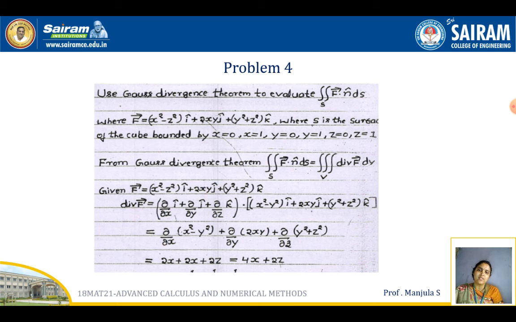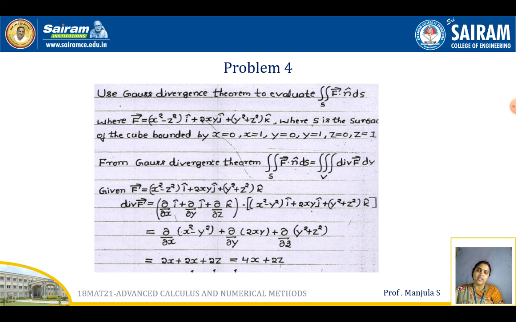So here the limits of x, y, z are given, and by using the Gauss divergence theorem we have to evaluate that. First we'll write the statement of the Gauss divergence theorem: the double integration over S of vector f dot n cap dS equals the triple integration over V of divergence of f with respect to V.